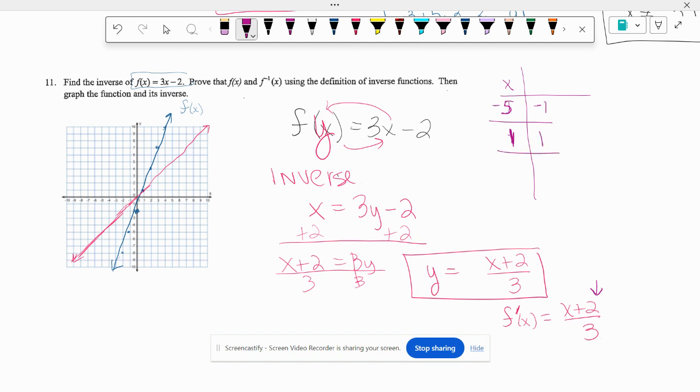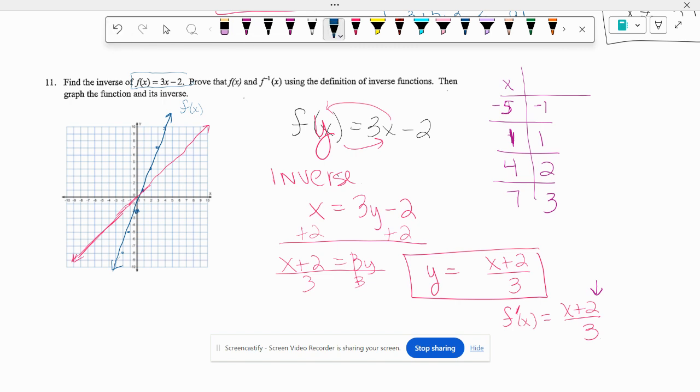If I let x equal 4, 4 plus 2 is 6, divided by 3 is 2. If I let x equal 7, 7 plus 2 is 9, divided by 3 is 3. I really struggled with finding the 0 value on that. I'm not sure where my brain is today.